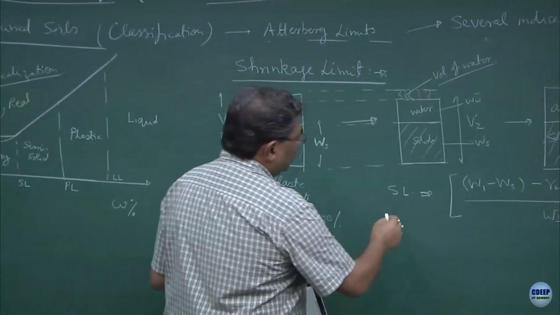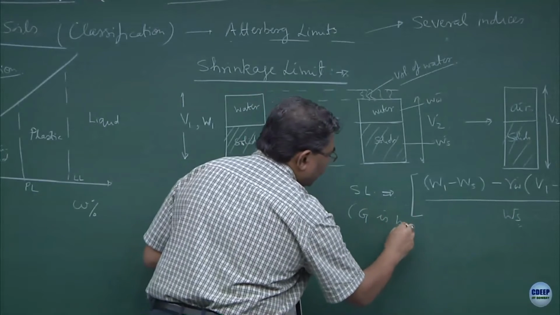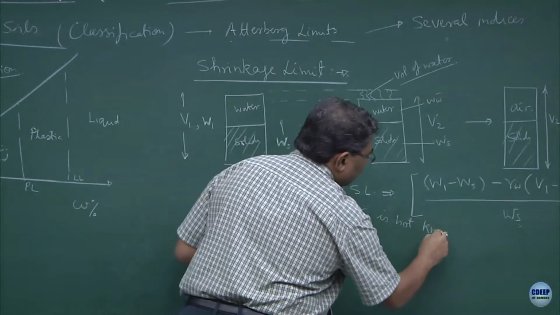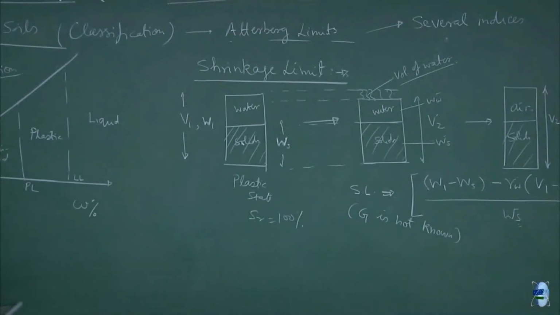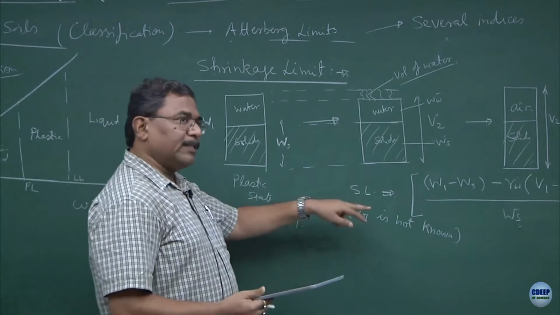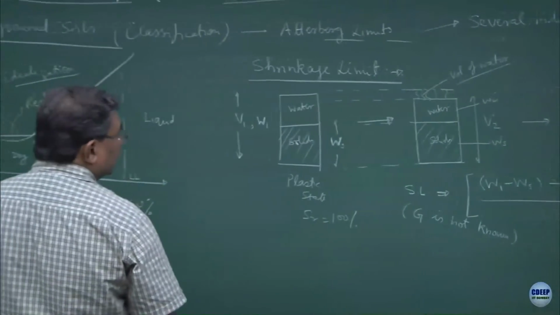Now, this equation is normally used when G, the specific gravity, is not known. However, there is one way of finding out specific gravity of the soils if you know the shrinkage limit, and vice versa. In that case, we utilize the concept of the volume.